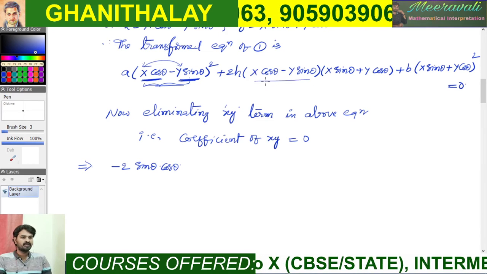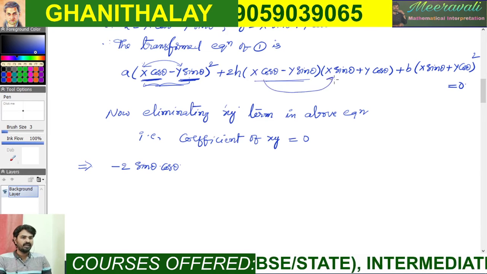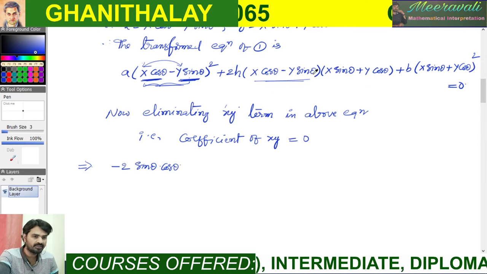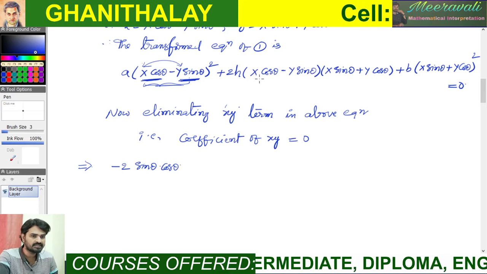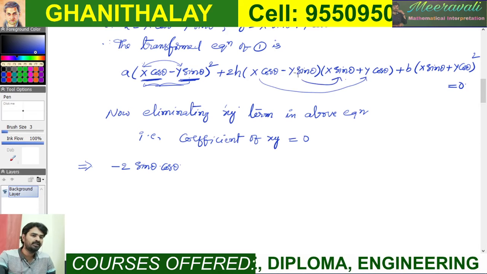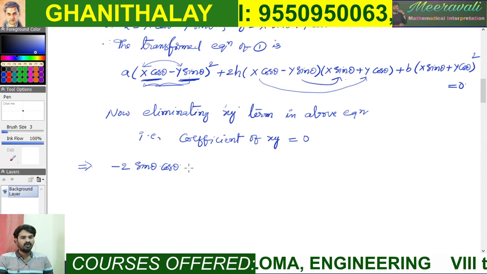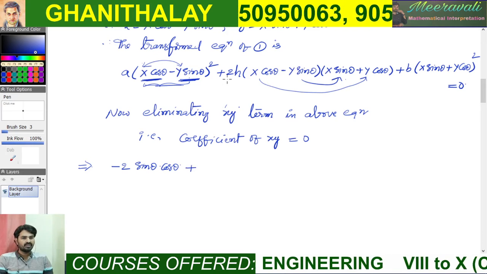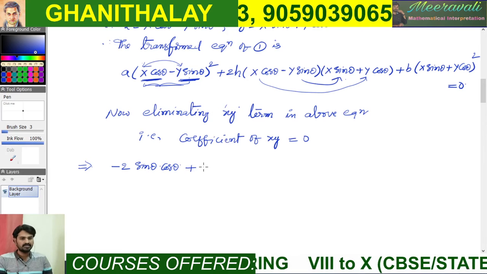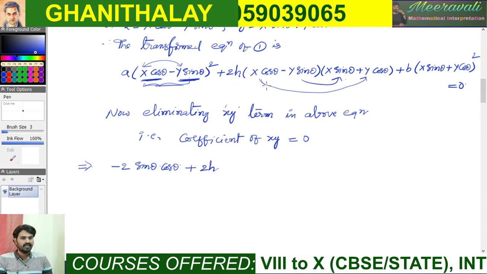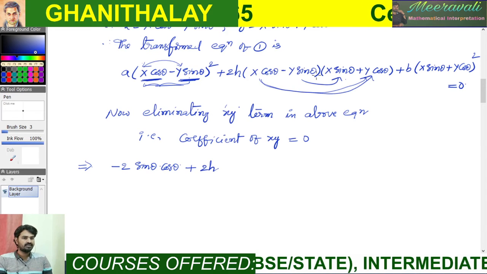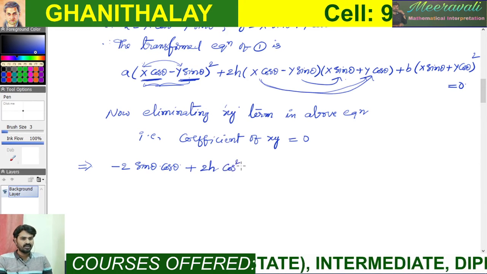Next, coming to this one, here x multiplied by x gives the x square term, and x multiplied by y gives the xy term. These two terms multiplied give the x into y term. Plus, the total is also multiplied by 2h. So x multiplied by y gives xy, and the remaining factor is cos square theta.